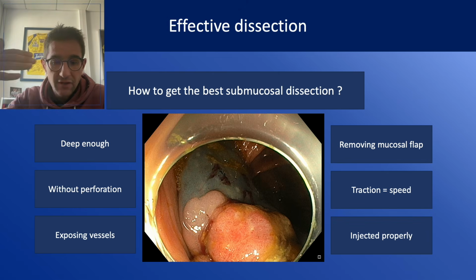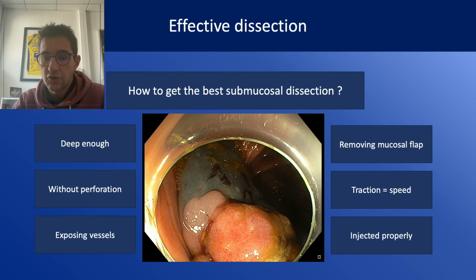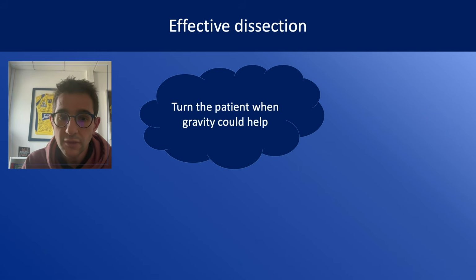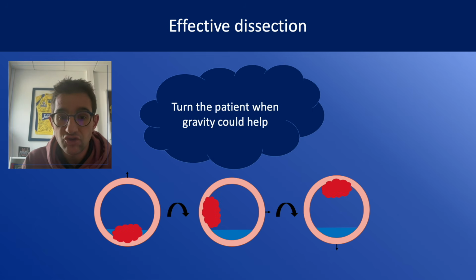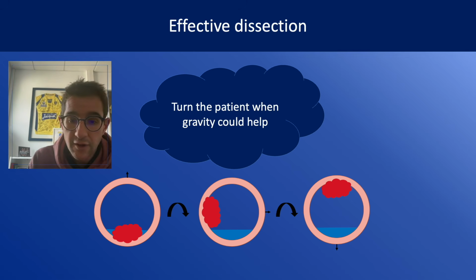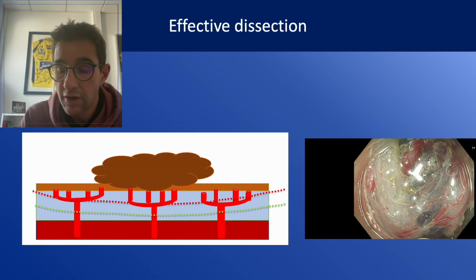Instead of getting it in your field of view, you will remove it and improve exposure. And finally, you should inject very well and very properly. Turn the patient when gravity could help your ESD, and you can do it from the beginning, but sometimes the problem will appear only during the ESD.